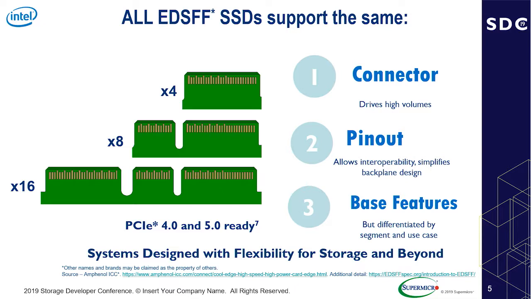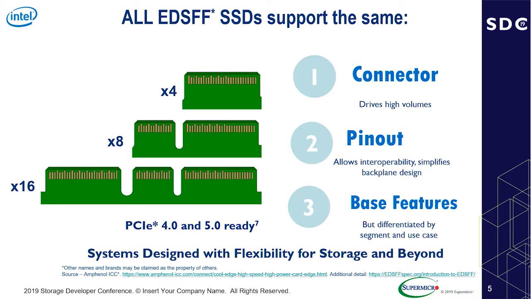So they have a connector that the x4, the x8, and the x16 are very coordinated such that if you have a x16 connector, you can plug in a x4 device, or a x8 connector, you could plug in a x4 device. They have these numbers, 1, 2, 3. These numbers are really key for one reason, and that's when we abbreviate, and we're tired of saying EDSFF long, we can say E1, a x4 connector, L, long.